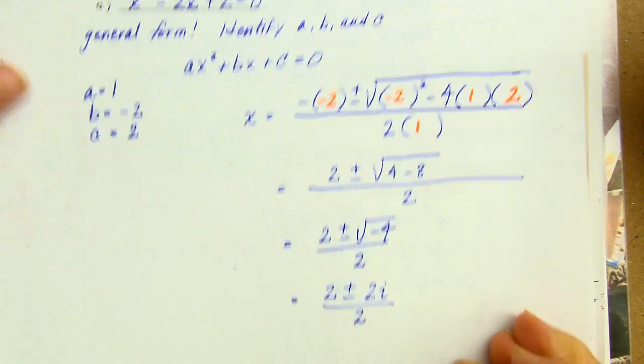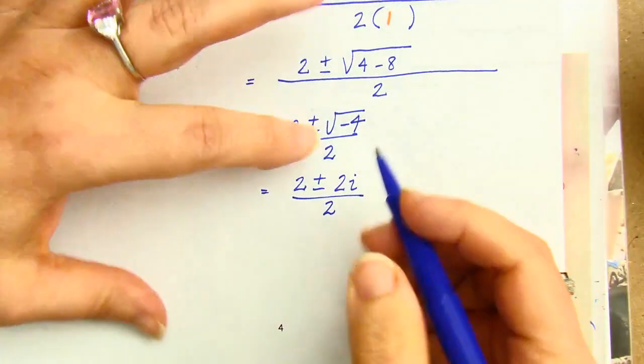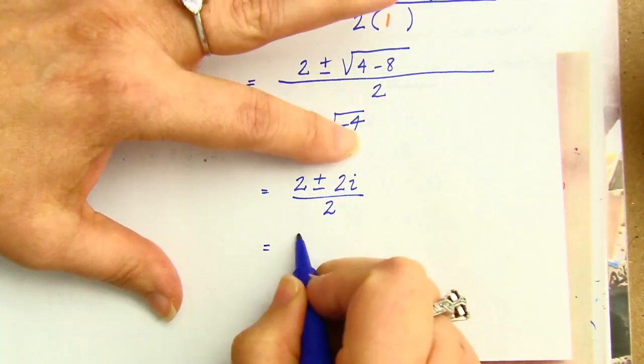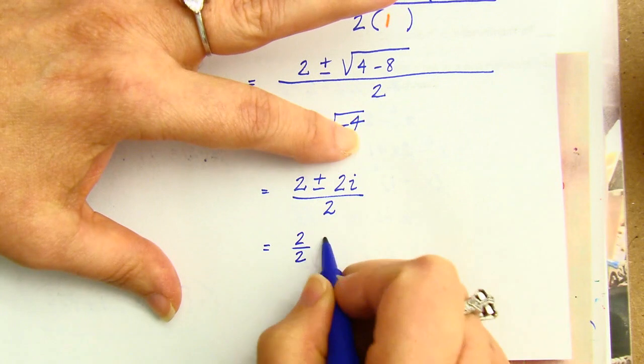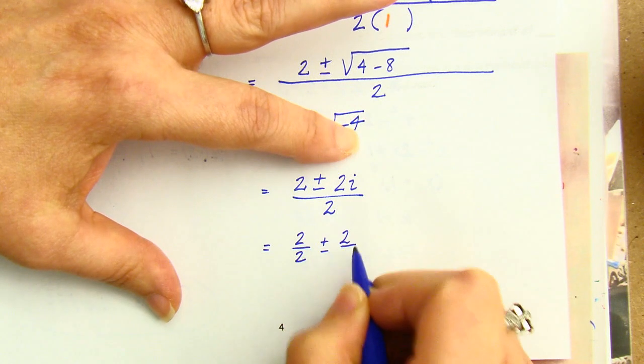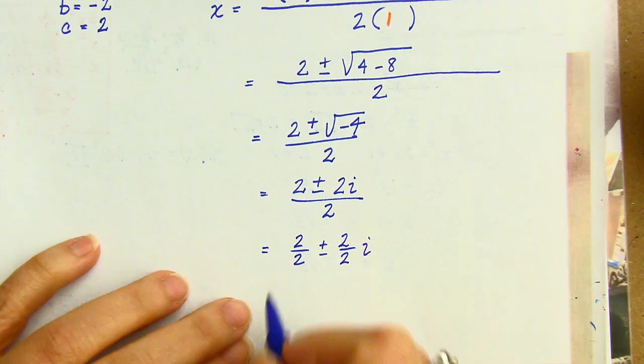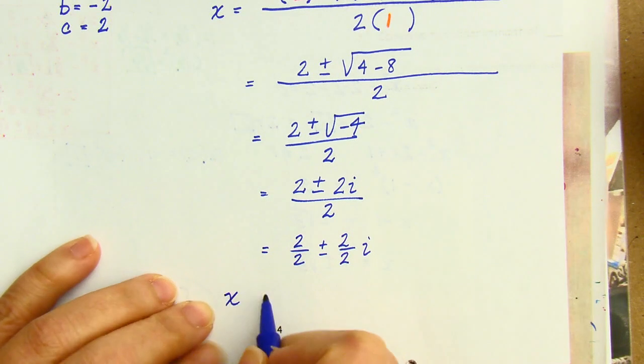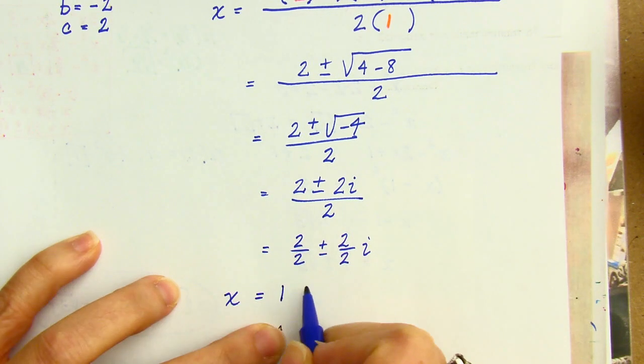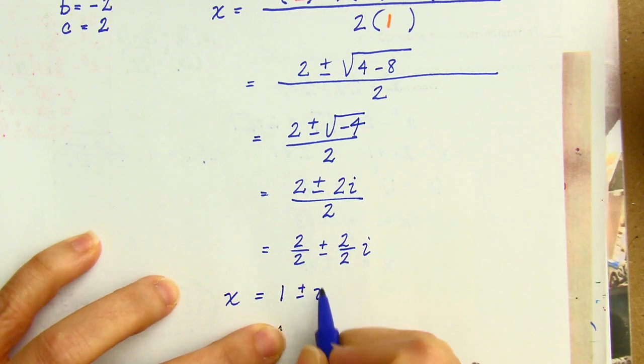A plus bi form. This is 2 over 2 plus or minus 2 over 2 times i. 2 over 2 is 1. So x equals 1 plus or minus 1i, or just i.